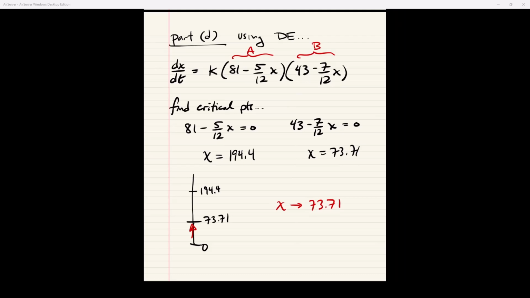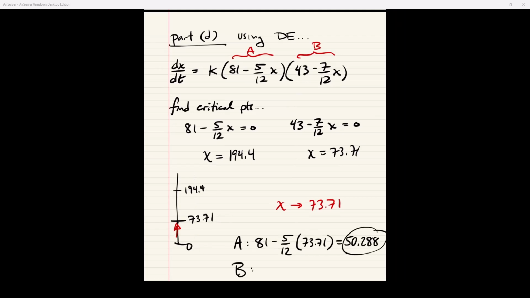So we can just go back to the differential equation and say the amount of A is going to be 81 minus 5 over 12 times that 73.71 approximately, and figure out what that is. This is about 50.288. And the amount of chemical B, I know that that 73 is exactly what made that 0.